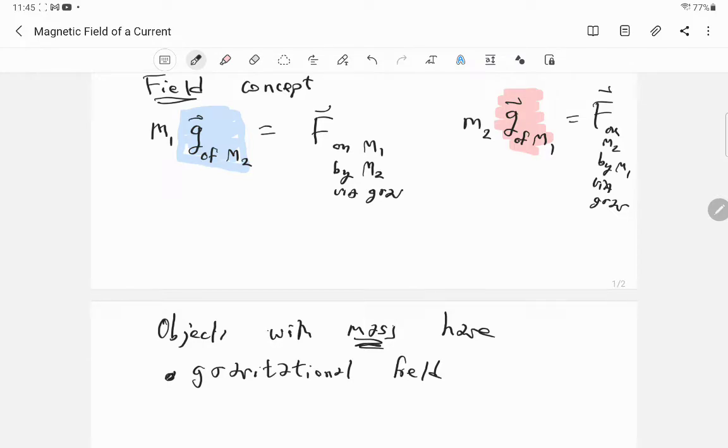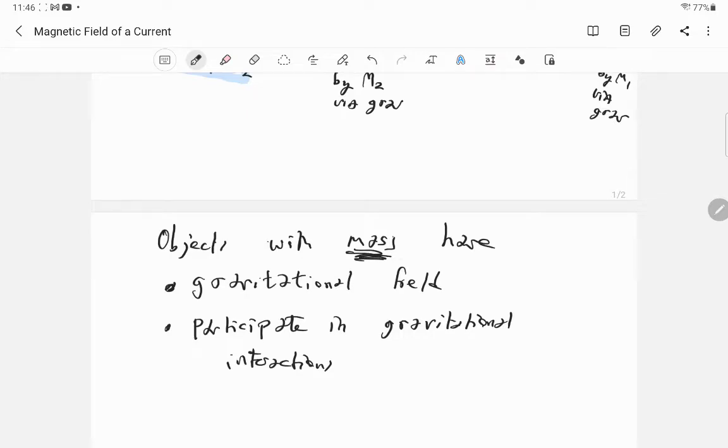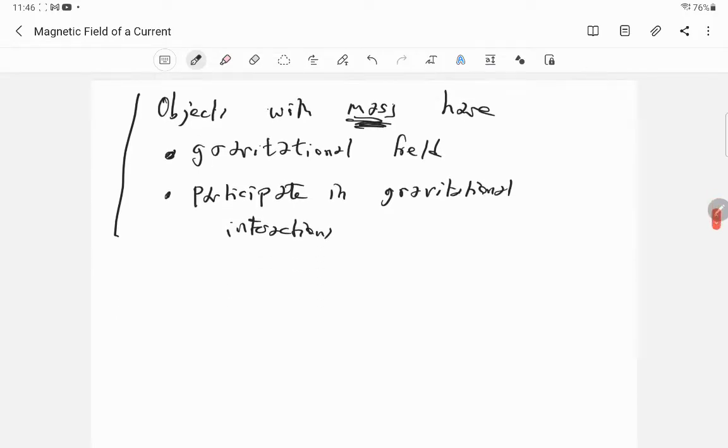If you have mass, then you're going to have a gravitational field, and also participate in gravitational interactions. All you need in order to participate in gravity is mass, and all you need to have a gravitational field is mass. So this is a field concept for gravity.